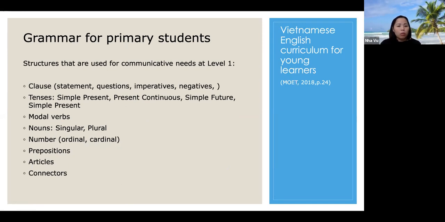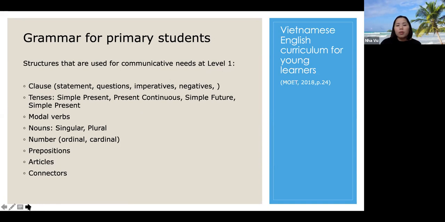Quite a lot for me. Like the communicative needs at level 1 in the CEFR level, we have clause or tense or modal verbs and nouns and number and preposition and articles or connectors. Those are the grammar points that they expect the young learners or primary students to learn.